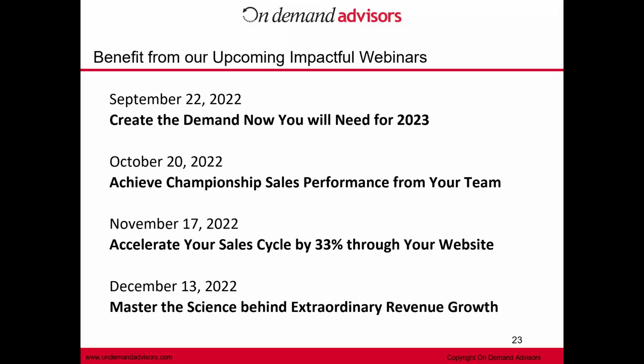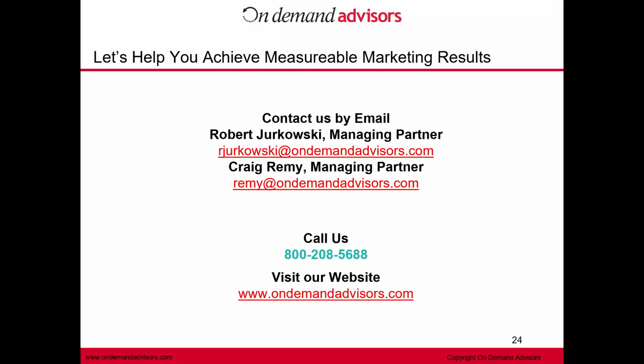In November, we're going to talk about the sales-driven website and how it's going to accelerate your sales process and convert visitors into prospects. And then in December, we're going to talk about mastering the science behind extraordinary revenue growth, because there is science here in terms of how to do this. And it includes both the science and the art. So those are some really wonderful opportunities upcoming for everybody here.